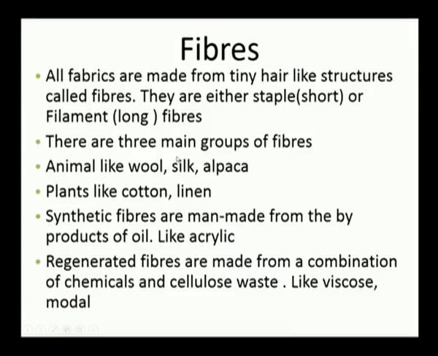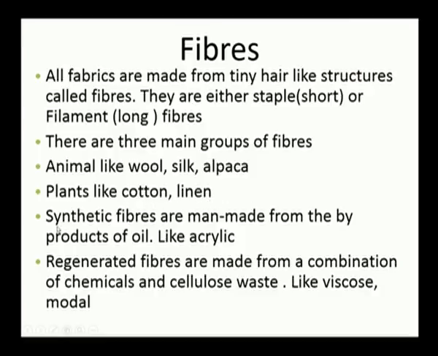There are 3 main groups of fibers: animal based fibers, plant based fibers and synthetic fibers. Animal based fibers come under this category, like wool, silk and alpaca. Plant based fibers include cotton, linen, etc.